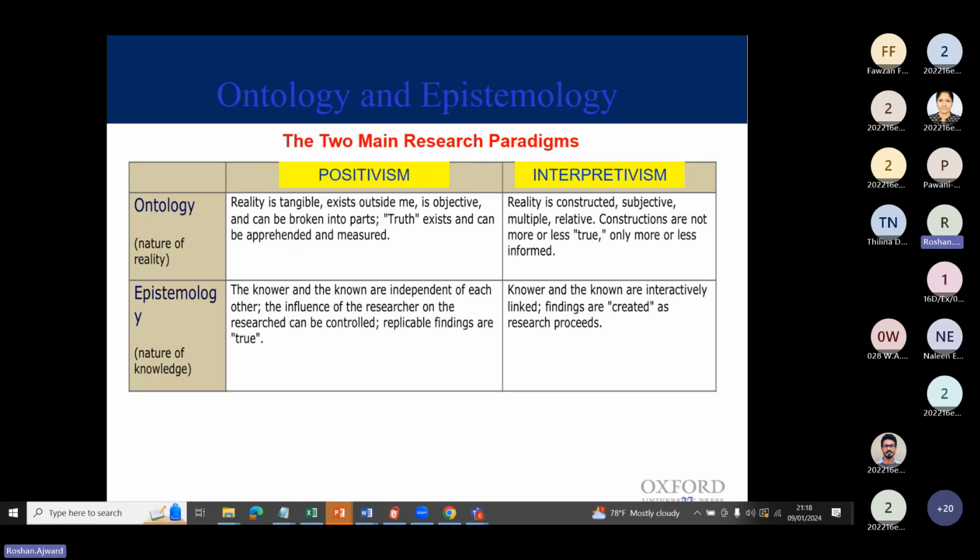The same thing is understood and interpreted in different ways, and to know that reality, you have to become a part of the research. That's called interpretivism. Positivism and interpretivism.